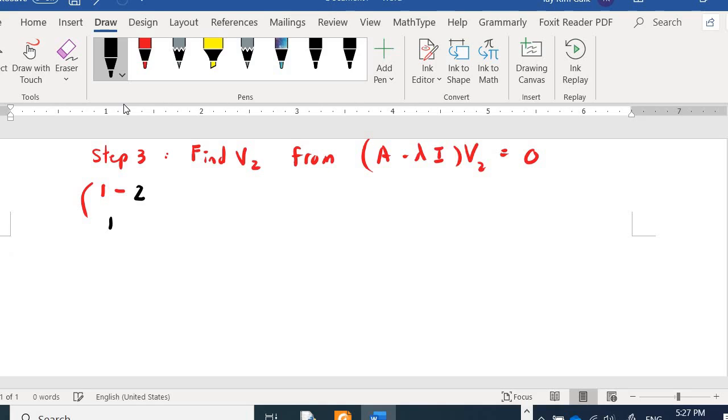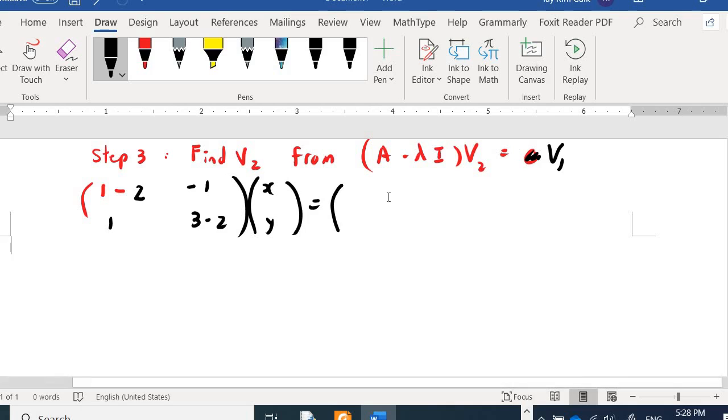So this is 1, this is negative 1, so 3 minus 2. V2 we also let equal to x, y. For repeated eigenvalue, A minus lambda I V2 equal to V1, because if we let it equal to 0, then we obtain V1 equal to V2.